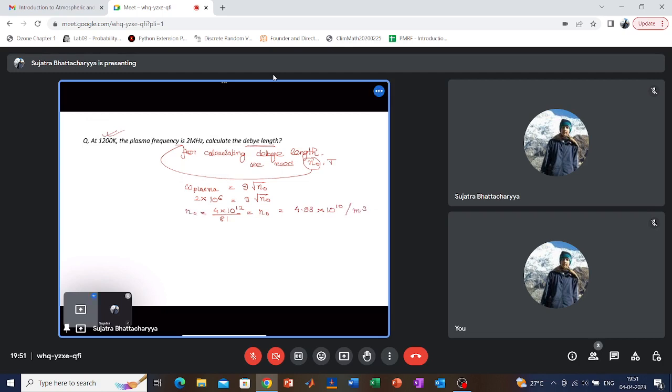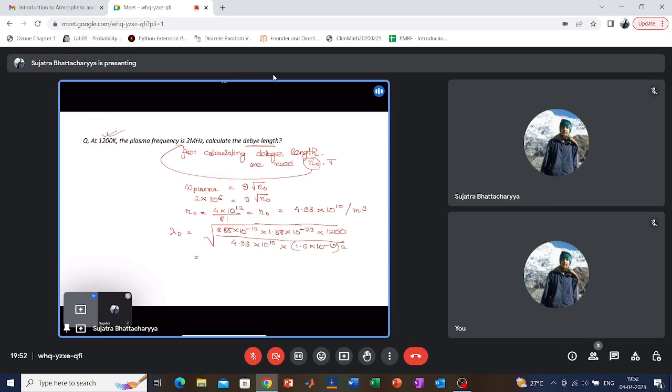Fine. Now you just calculate lambda d again with the same formulation. I am not writing the formula, just writing this. 10 to the power minus 12 into 1.38, the Boltzmann constant, 10 to the power minus 23, and 1200 Kelvin is given, no need to convert further. And this is 4.93 into 10 to the power 10 into 1.6 into 10 to the power minus 19 whole square.